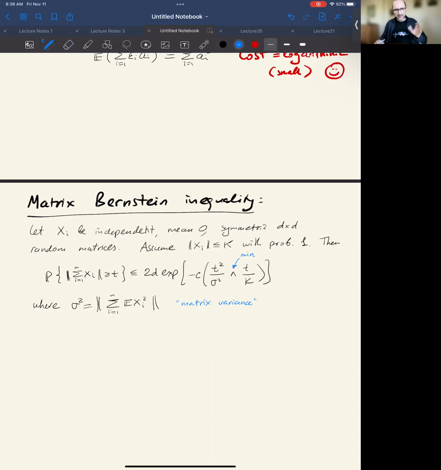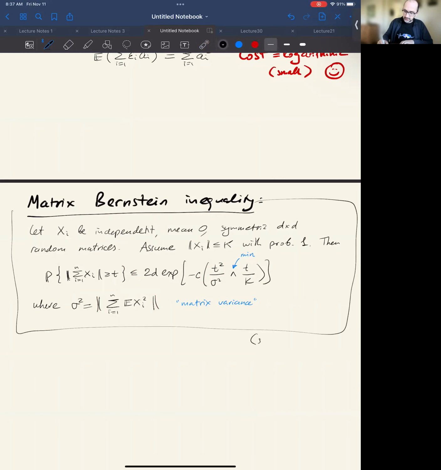Usually the second term can be ignored. It's always small. So what's important is that the tail is sub-Gaussian, basically t squared over sigma squared, and the variance is the variance of the norm. So everything is pretty good.